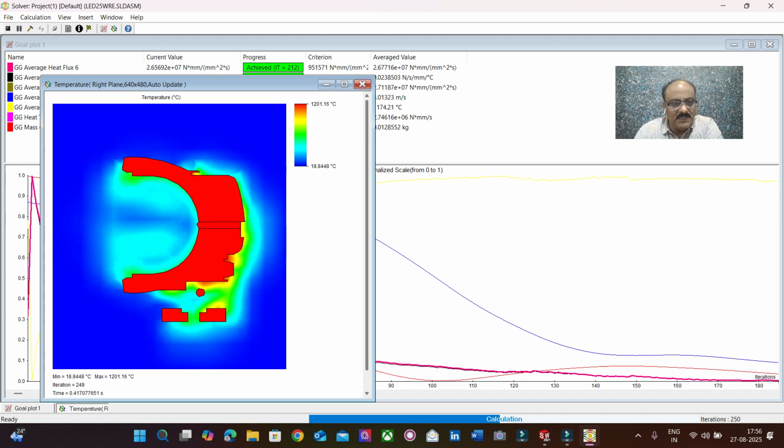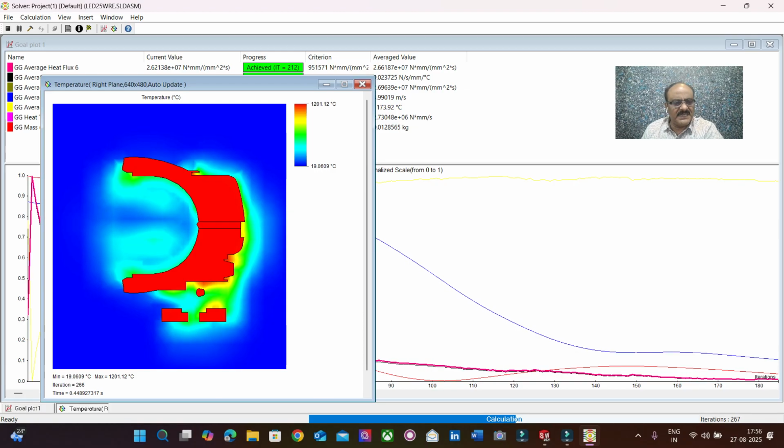Inside the area where the projector headlamp's inward curvature is, we find that the temperature is lower, and the red is the temperature of the projector lamp structure.